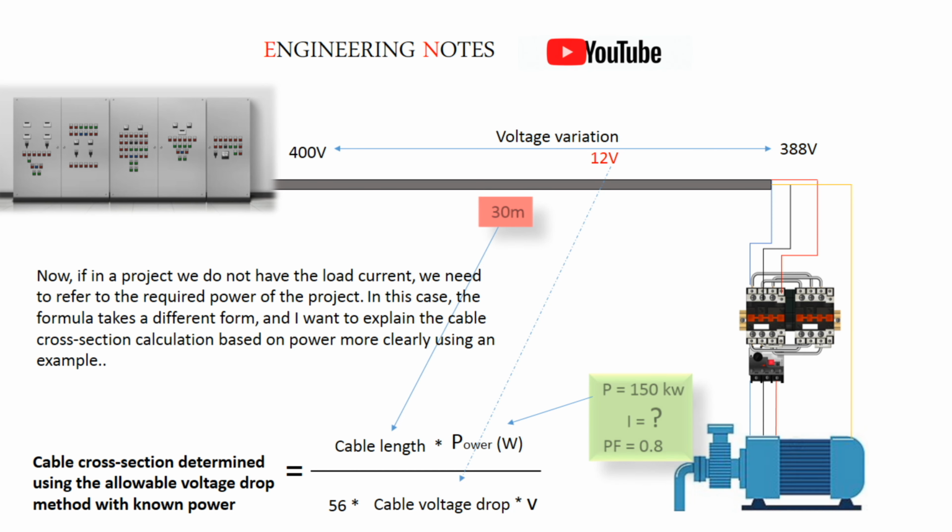So stay with me. We want to calculate the required cable cross-section for a 150 kilowatt electric motor with a power factor of 8/10, and the distance between the motor and the main distribution board is 30 meters.